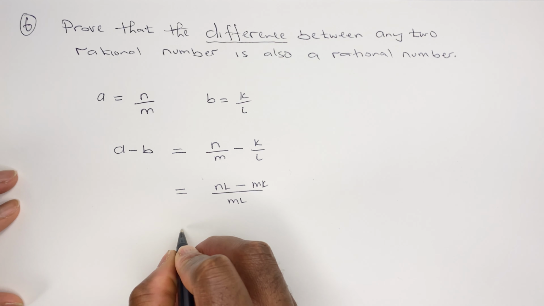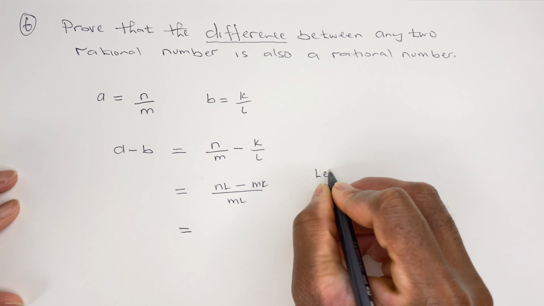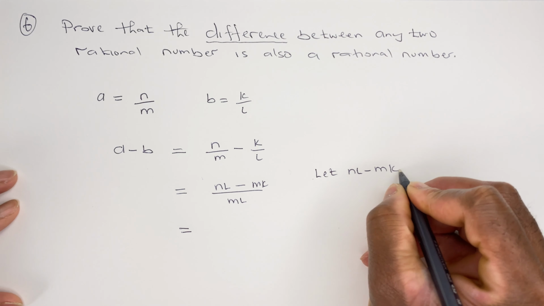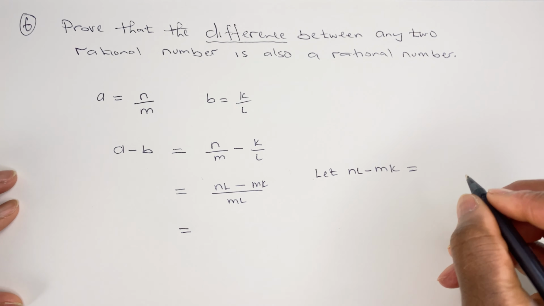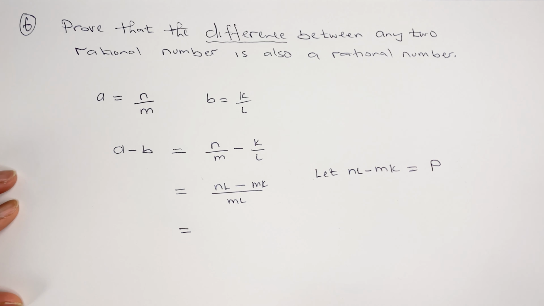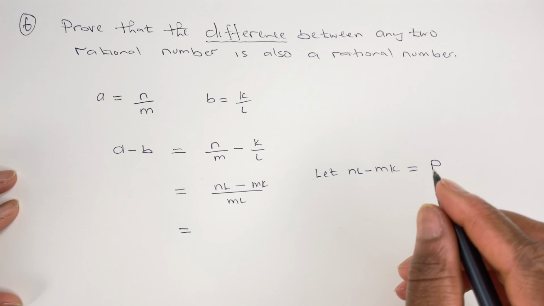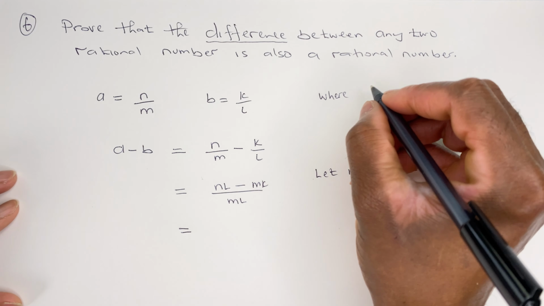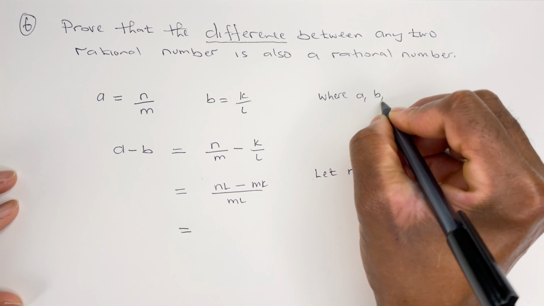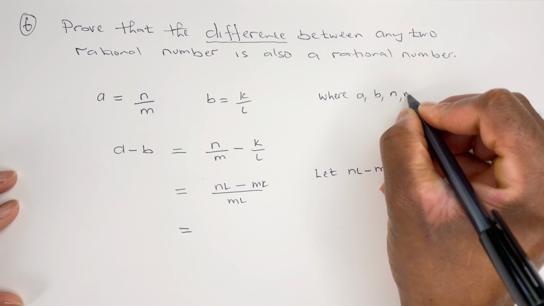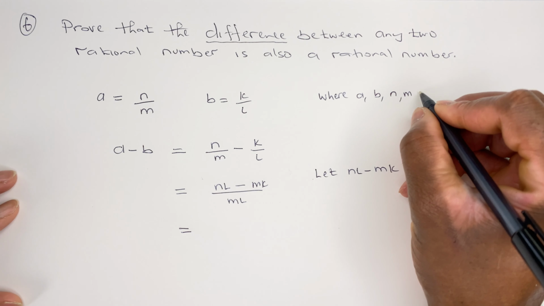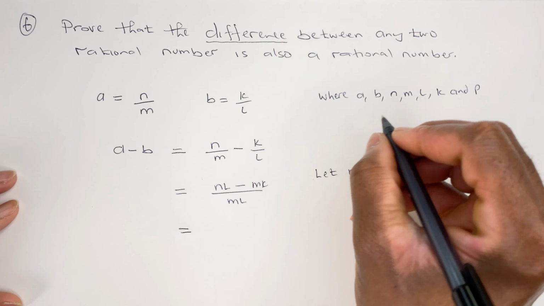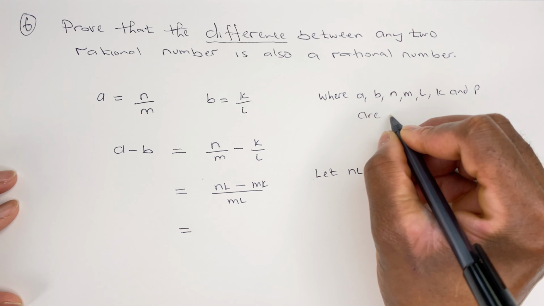And so, in this case, I could say let nl minus mk be equal to p, where I've got to state that A, B, n, m, L, k, and p are integers.